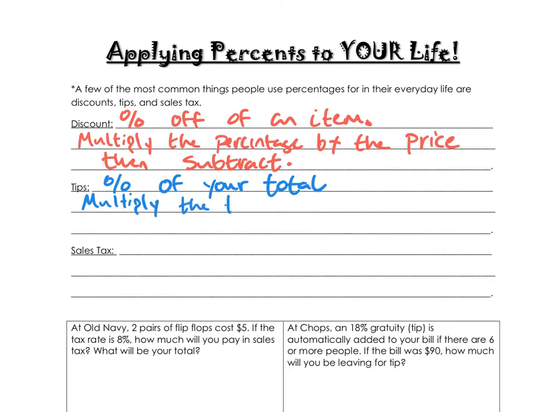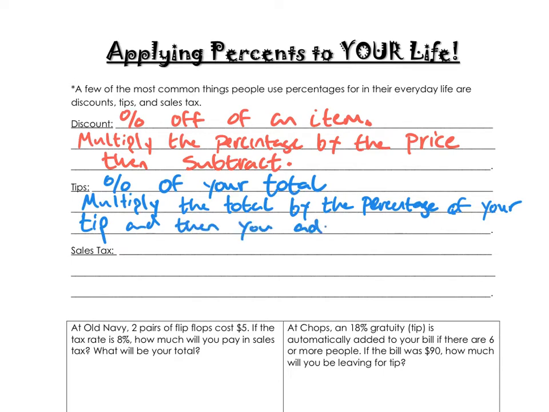Okay? Now, how you calculate the tip is you multiply the total by the percentage of your tip, and then you add it to the total.